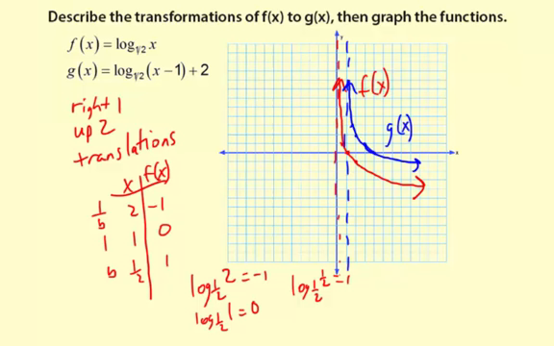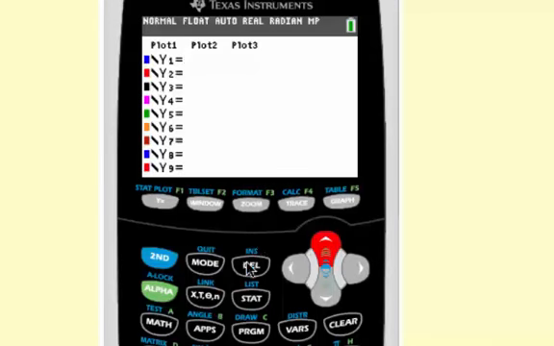Now let's plot the functions on the calculator and compare. Okay, so this one for f of x is going to be log base 1/2 of x. So what we're going to do is we're going to do log of x, then divided by the log of 1 divided by 2.